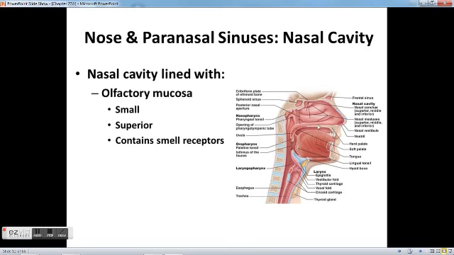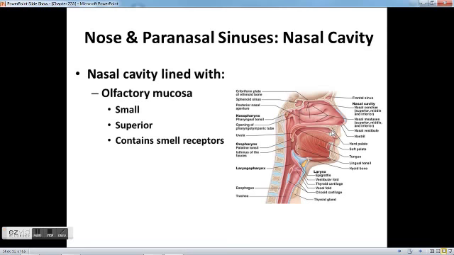Now, the whole nasal cavity, this whole area, the top hard bony plate from the ethmoid and sphenoid and the bottom part, is lined with what's called olfactory mucosa. The part that is actually responsible for smelling is very, very small. It's located right here up in the roof area of your nose.